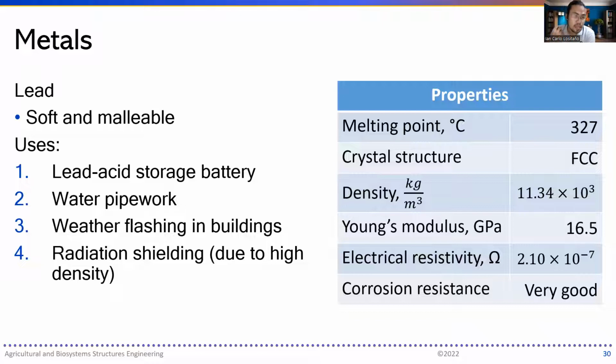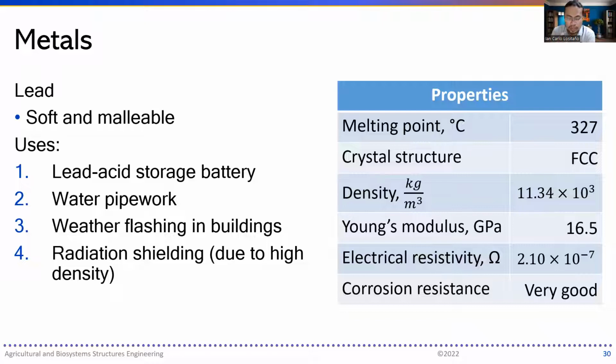Uses: lead acid storage battery. This was also used as an anti-knock agent in gasoline, in the form of tetraethyl lead or TEL, and it was also banned, which is why you have your unleaded gasoline, because lead is poisonous.